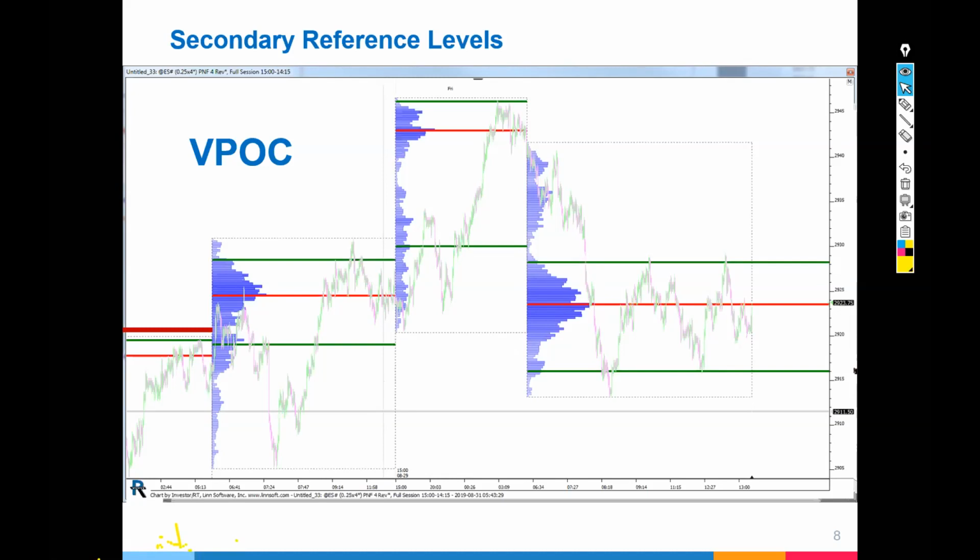Those are rather important because if you notice here in this area, very light volume. When I see that on a profile and prices sail right through it, and then when we come back up and we're not able to get above this zone of light volume, that tells me the selling pressure is still very strong. And this is all from data that we already have.